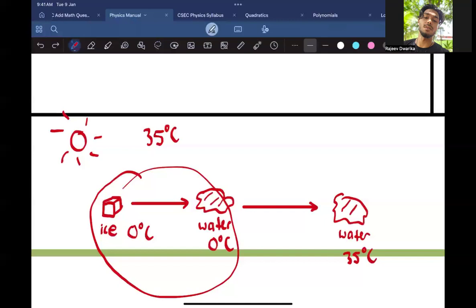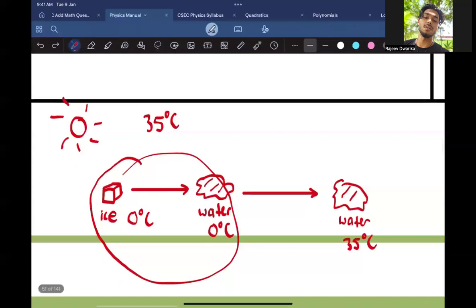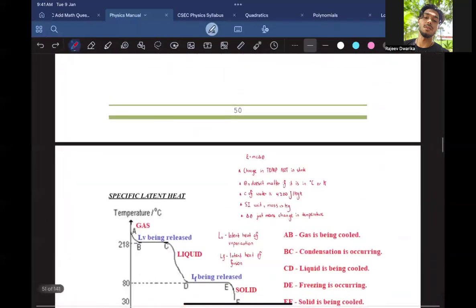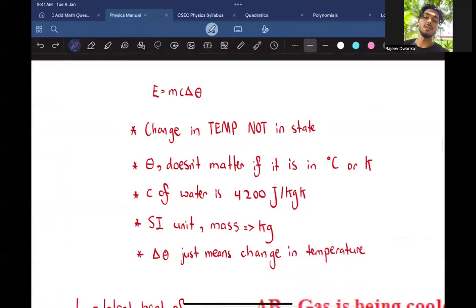What formula are we using for that? E equals mc delta theta. Oh wait, no. Fusion, because temperature is changing? Remind me the guidelines for E equals mc delta theta.